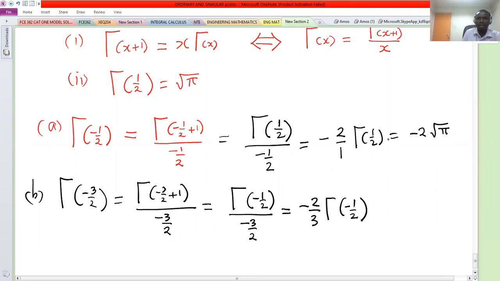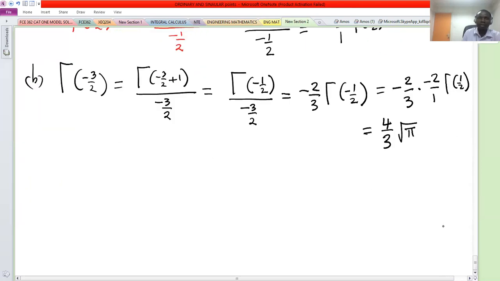And because we have already found gamma of minus a half, this is the same as negative 2/3 times negative 2/1 times gamma of a half, which will be positive 4/3. Gamma of a half is root pi. So that is the answer. We get 4/3 root pi.